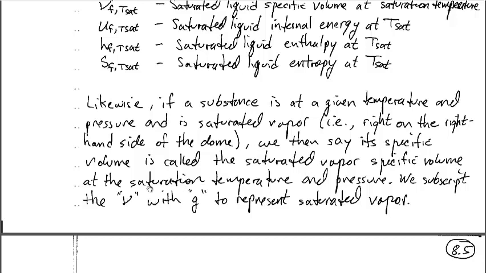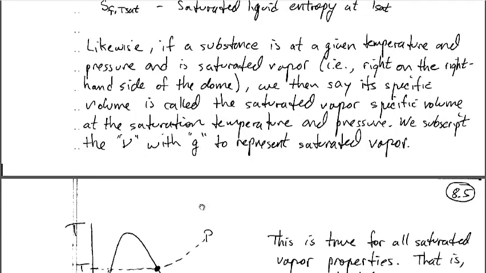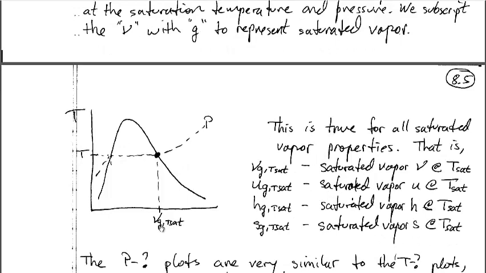So we subscript saturated liquid properties with the letter F. Again, that is legacy meaning fluid. We subscript properties that correspond to the saturated vapor line with the letter G. And again, that's legacy meaning gas. So V sub G is the saturated vapor specific volume at the saturation temperature.